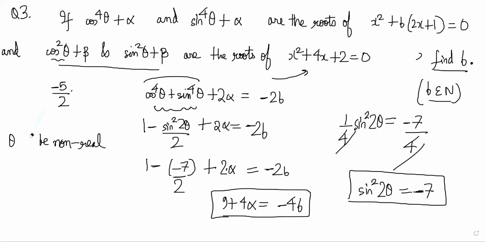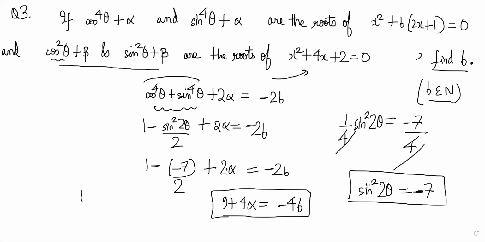Then what is the equation that we get from the products? Product is sin^4 theta cos^4 theta plus alpha into sin^4 plus cos^4. Sin square theta cos square theta is minus 7 by 4, so we can just square it.